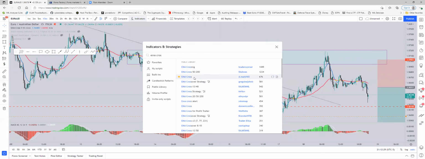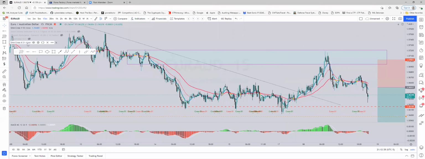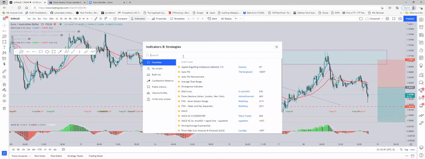But so, EMA cross, the one I use is D.Mark165. Once you click on it, all you got to do is click on it once. You see it popped over here, 8/21. And the other is the MACD 4C. So, give it indicators.